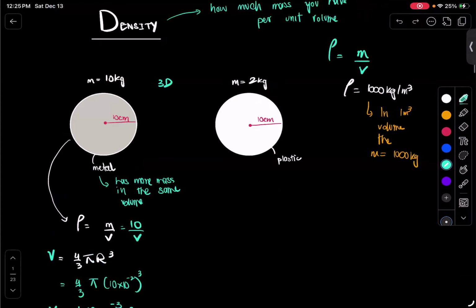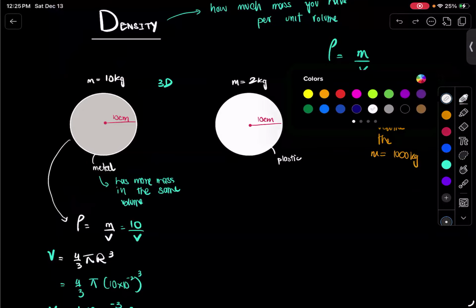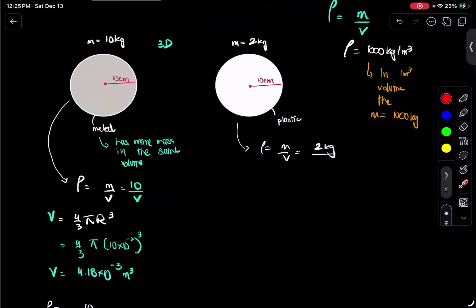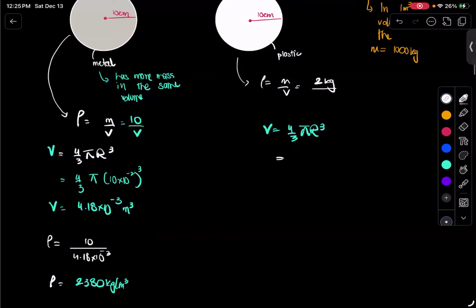Now let's do the same for the plastic ball. The density is mass over volume. It has a mass of 2 kgs, but it has the same volume because it has the same radius. When you plug it into the volume equals 4 over 3 pi r cubed, you're going to get the same value as we got earlier because everything is the same: 4.18 into 10 to the power minus 3 meter cube.